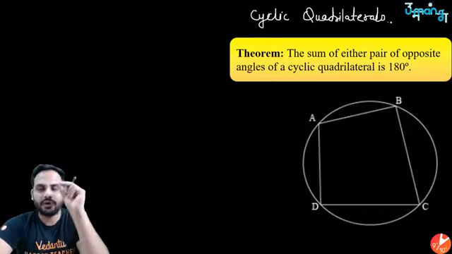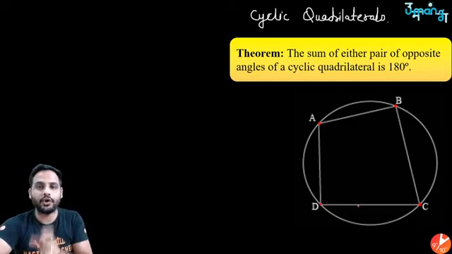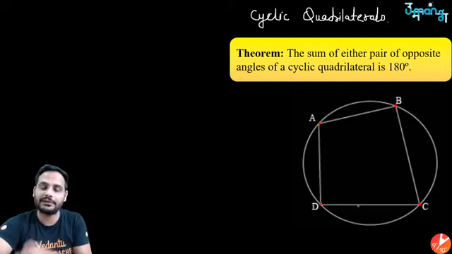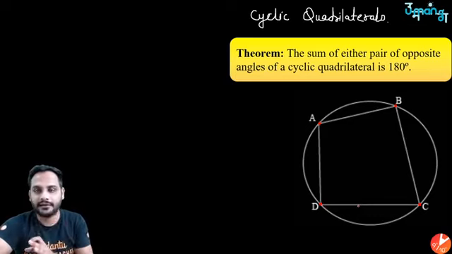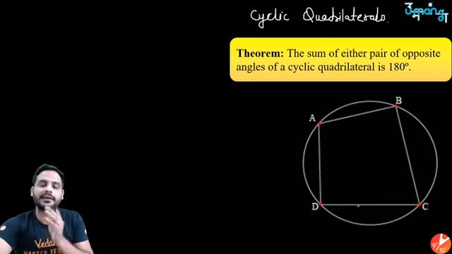You can clearly see here A is on the circle, B is on the circle, C is on the circle, and D also is on the circle. So all are lying on the circle. That is why it is a cyclic quadrilateral.